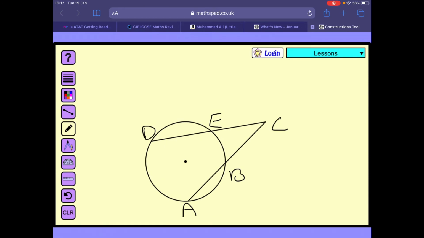Okay, and here we have the variation of the intersecting chords theorem. Here we have two chords that intersect, but as you can see, they do so outside of the circle. So what the intersecting chords theorem tells us when the two chords intersect outside the circle is that the total length of the chord times the portion outside is equal for both.